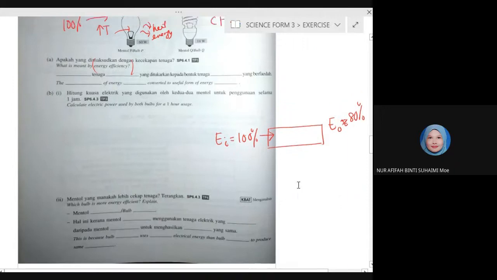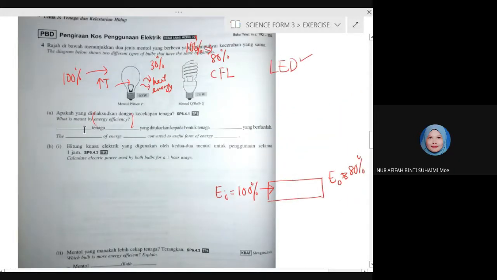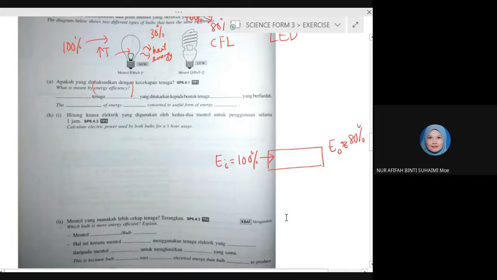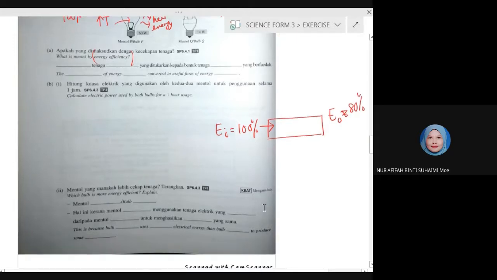Where to put output energy and input energy.